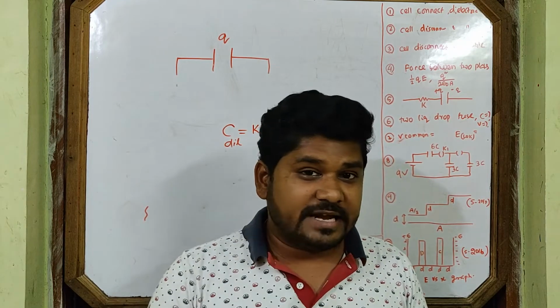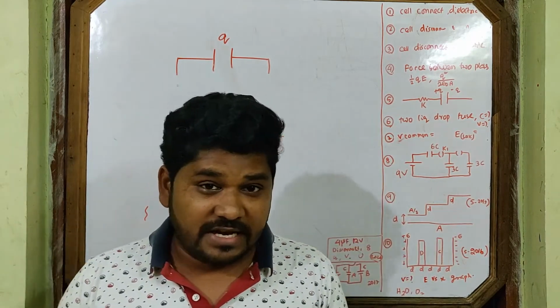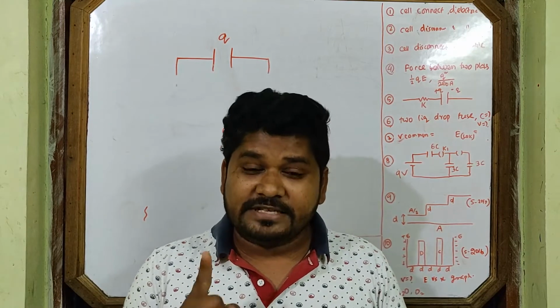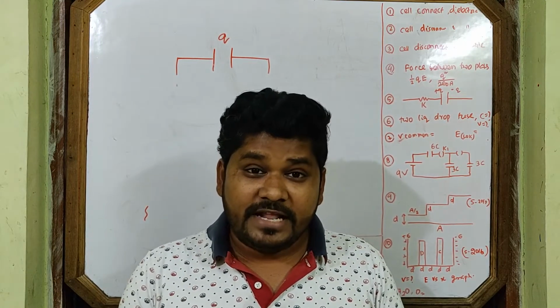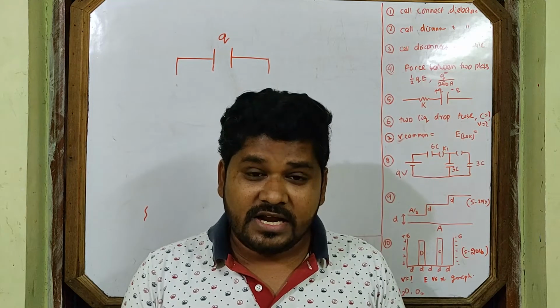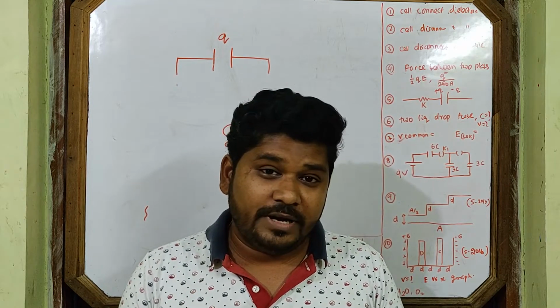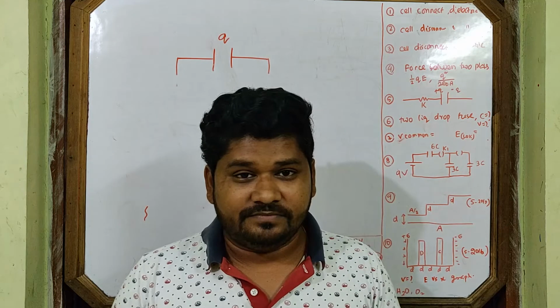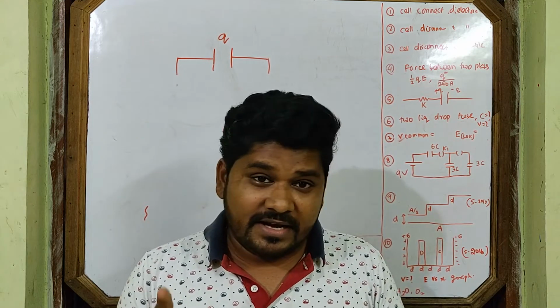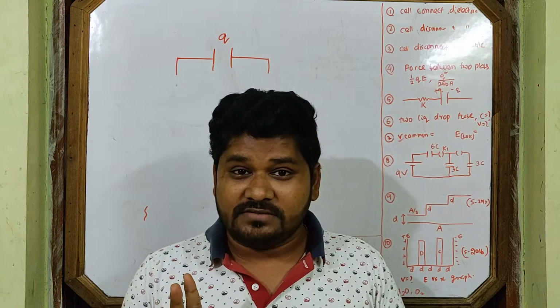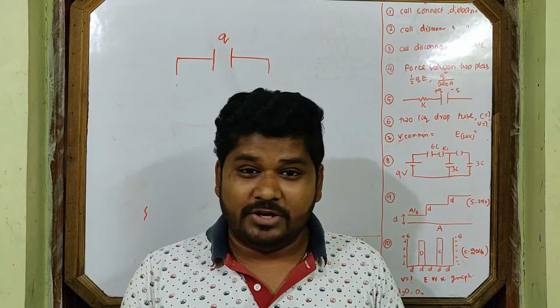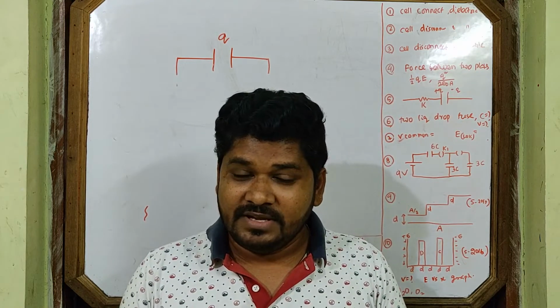So three lines I told you, again I am summarizing those three lines. If cell is connected to a capacitor, potential difference remains constant whatever change you may do in the capacitor. Second line, if cell is disconnected, charge remains constant whatever change you may do in the capacitor.